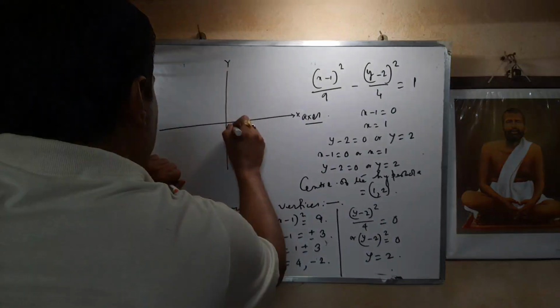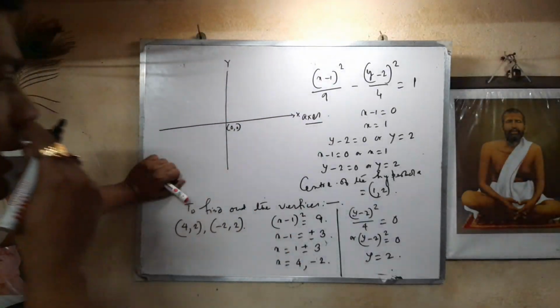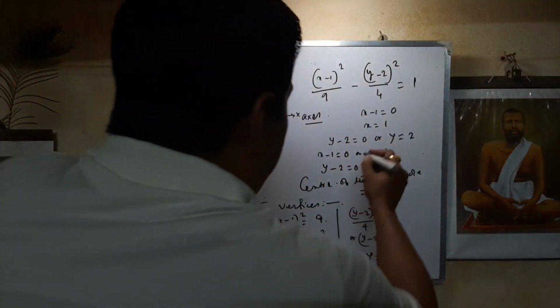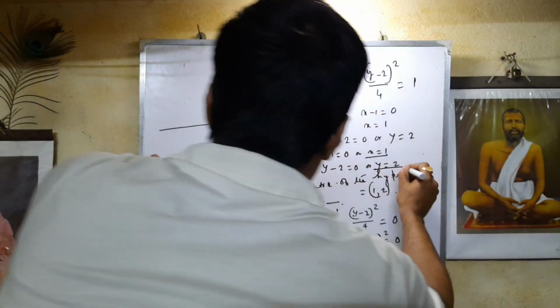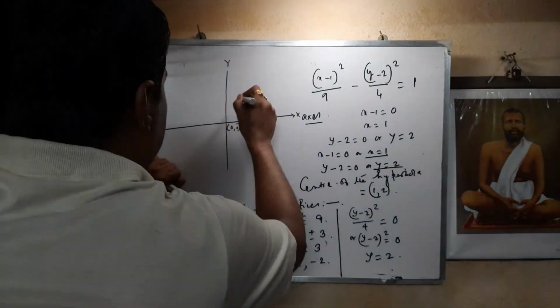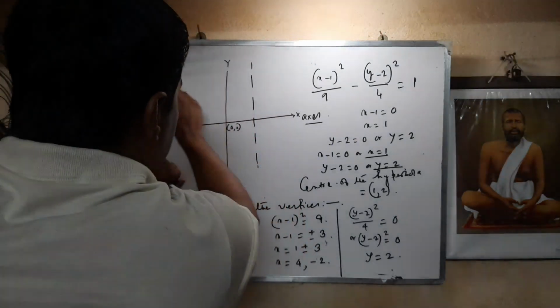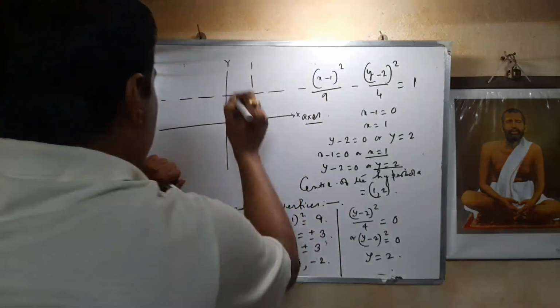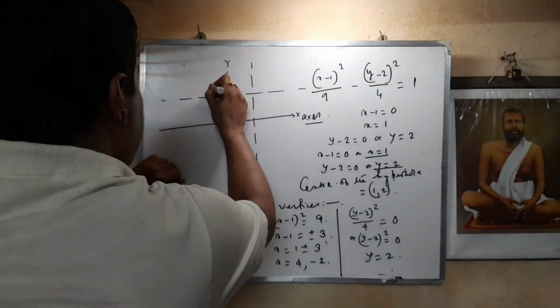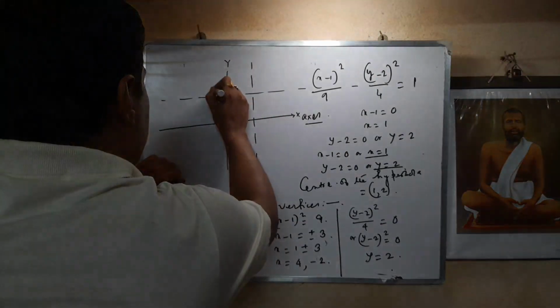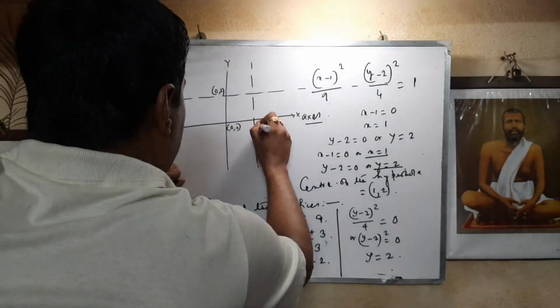It is 0, 0. And the axis of the hyperbola is given as we have already found. It is x equal to 1 and y equal to 2. Say this is x equal to 1. Say this is y equal to 2. So coordinate of this point, it is 0, 2. This point it is 1, 0.